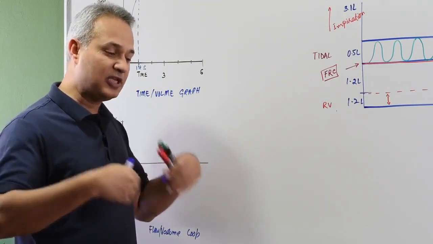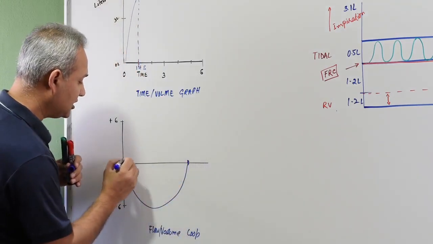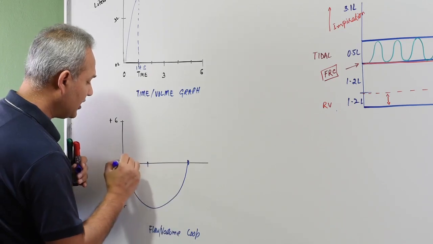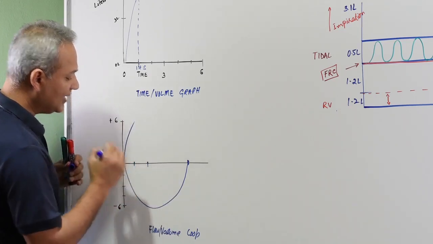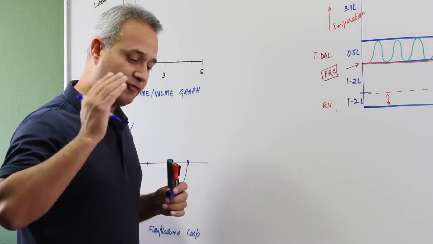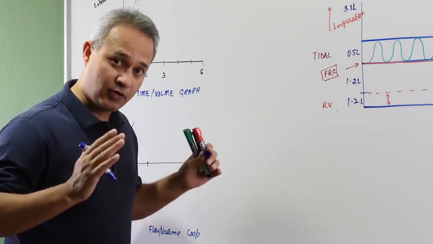Exhalation is different from inhalation. Inhalation is gradual. Exhalation, the very first second, we exhale a lot. That means in the very first second, while the volume is still big, the flow is a lot.